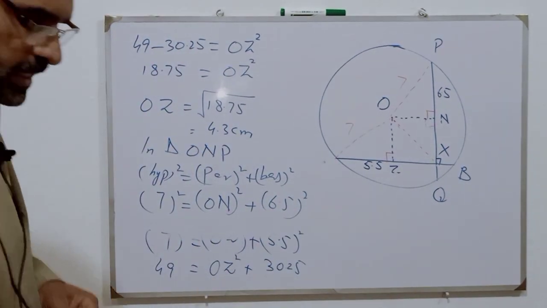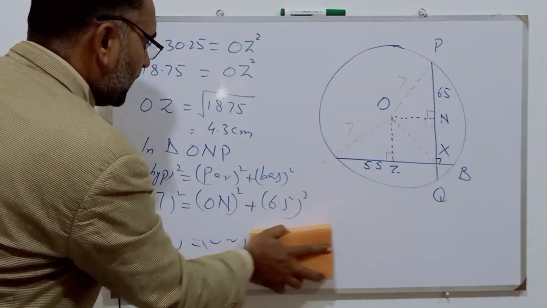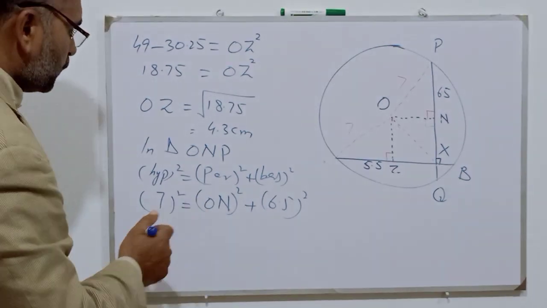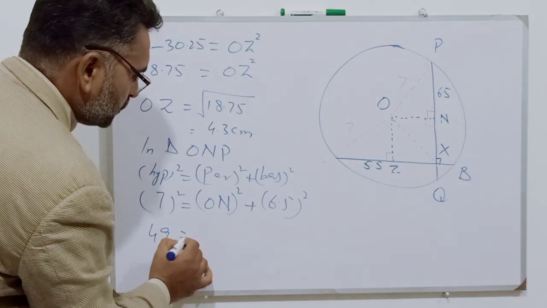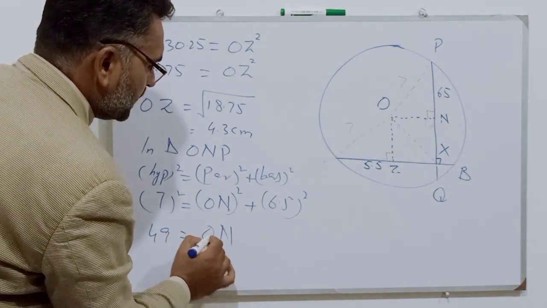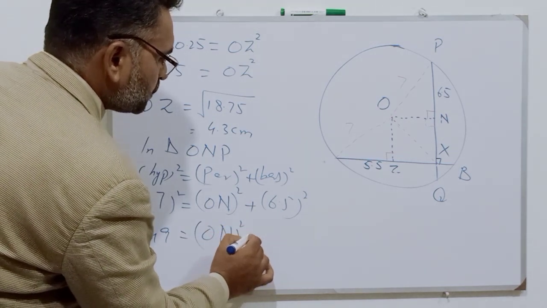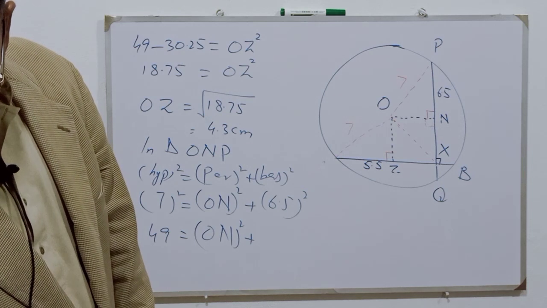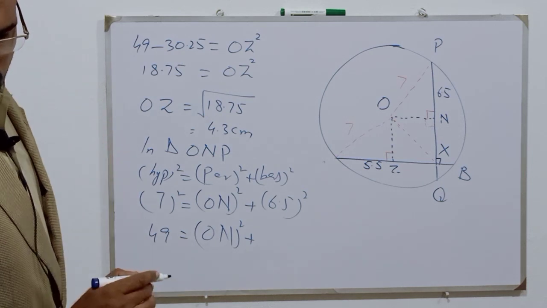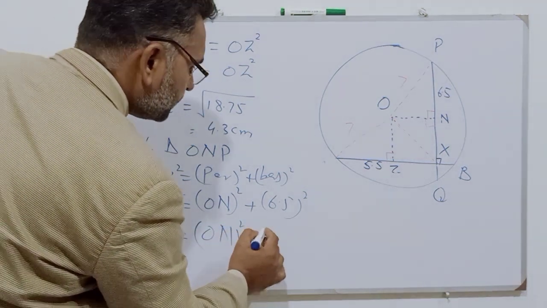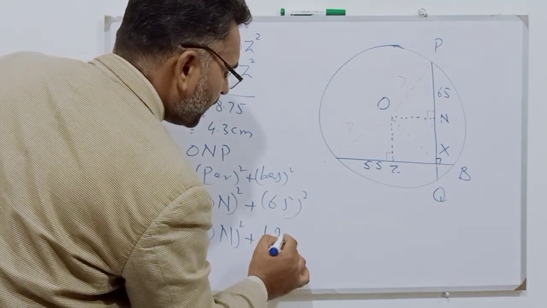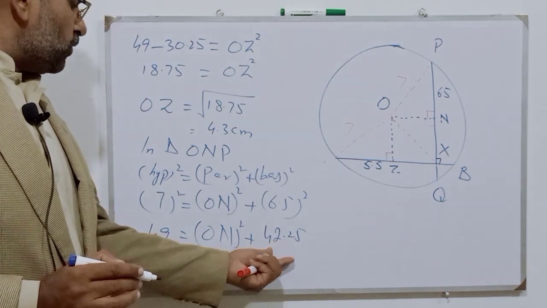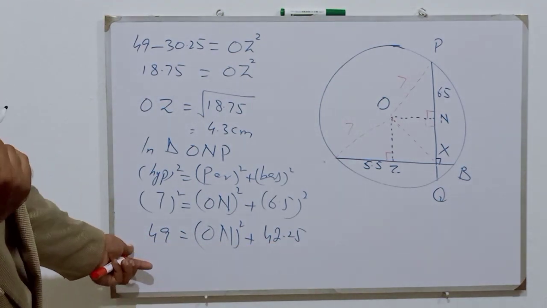Now students, take the square of 7 as well as 6.5. The square of 7 is 49 and use calculator to find the square of 6.5 and we will have 42.25. Transfer this 42.25 to left side.